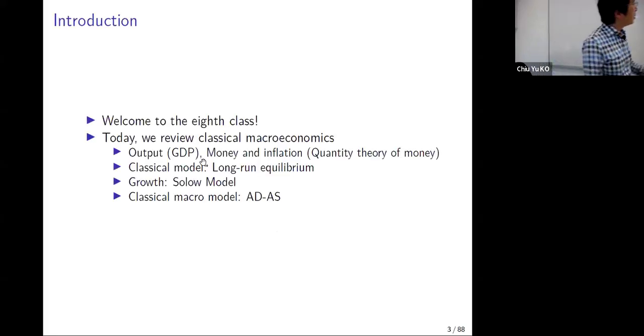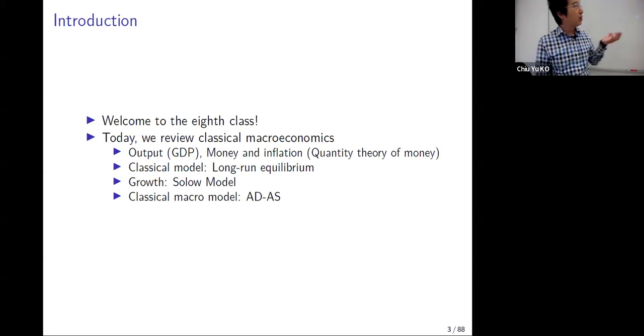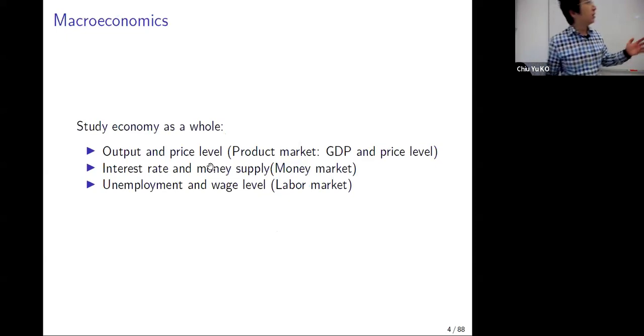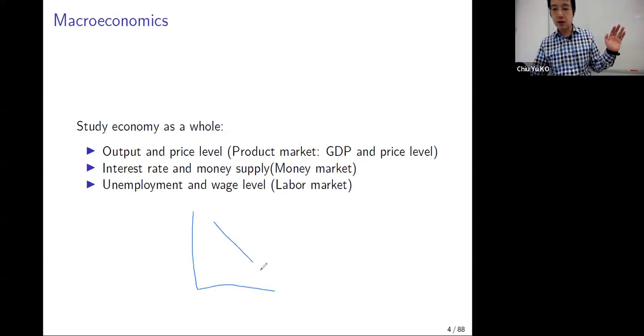Let's quickly review what we have done last time, right? Basically, macro studies how the economy works, and these are the main variables we're looking at: output and the price level. If we learn topic 1, we have demand and supply, price and quantity.